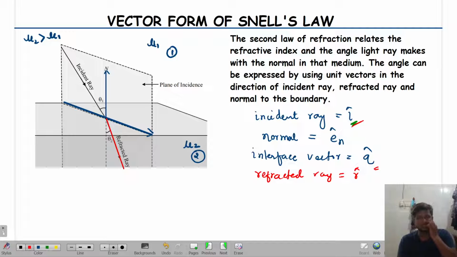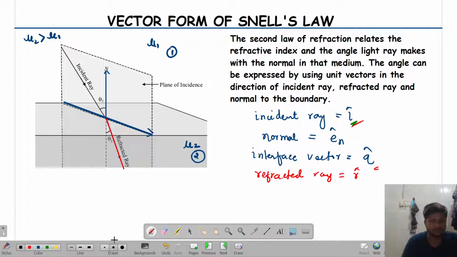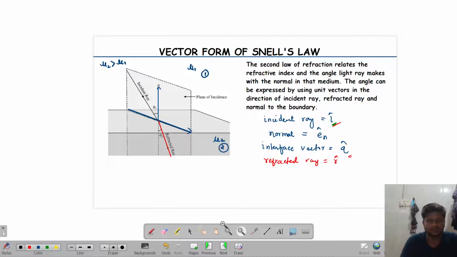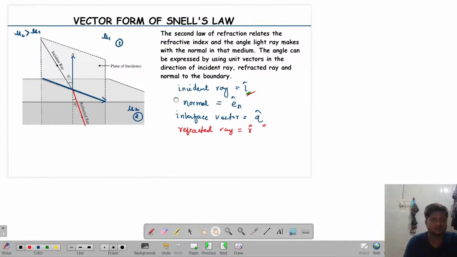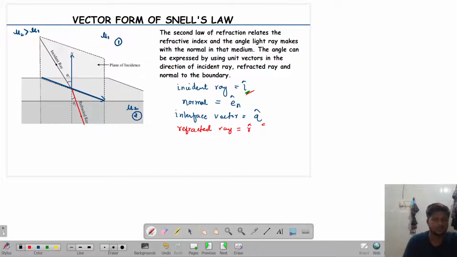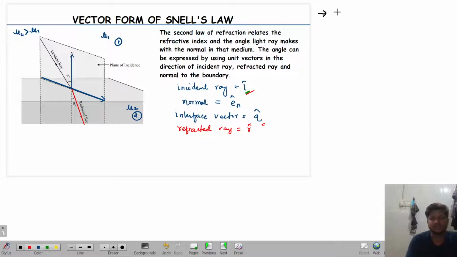So now look over here. Let's suppose you are aware of the incident ray and the normal. There are some steps, so I'll write those steps. Let's suppose you are aware of the incident ray vector, the incident ray vector is given.